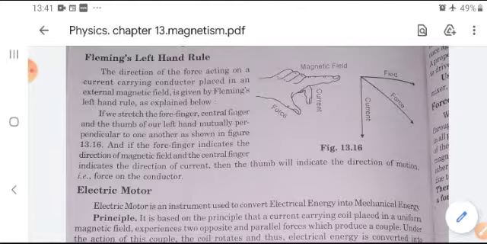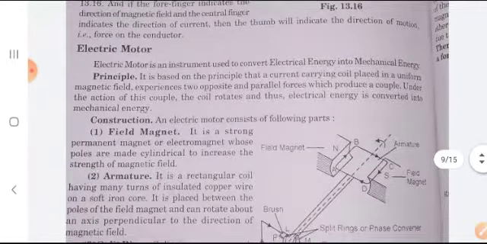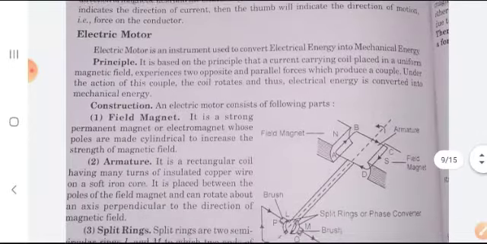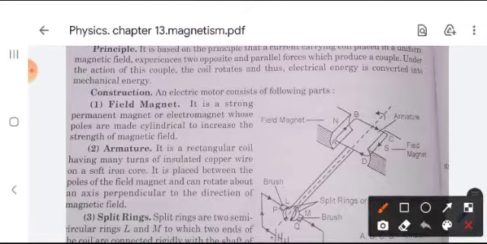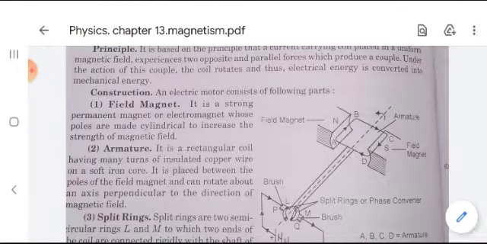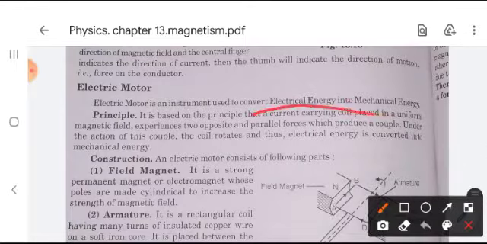Okay. So now moving forward, next is the electric motor. What is the principle of an electric motor? An electric motor is an instrument that converts electrical energy into mechanical energy. That is given here. This is important for you.